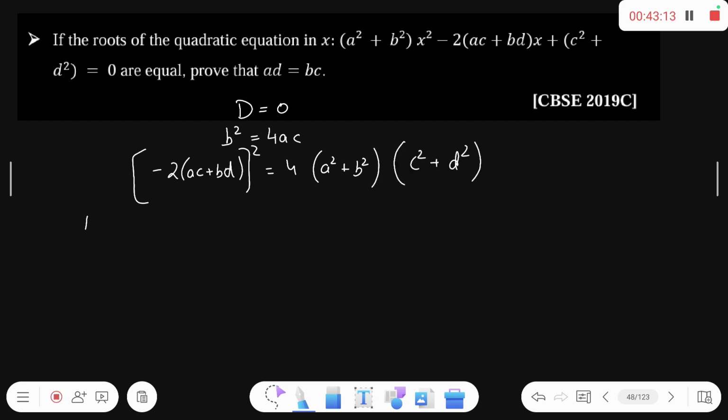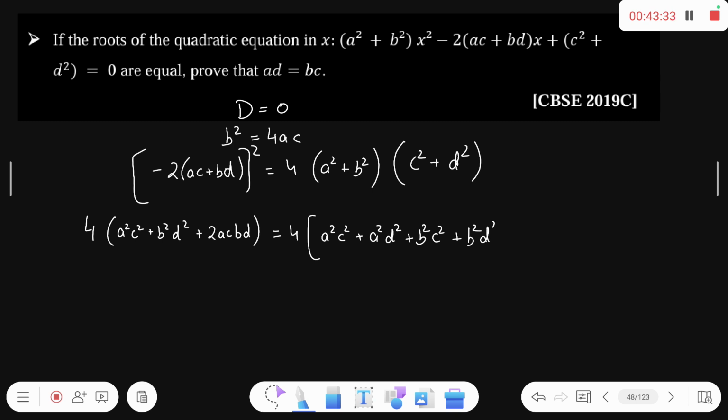It is again 4 a square c square plus b square d square plus 2acbd, and it is 4 bracket a square c square plus a square d square plus b square c square plus b square d square.